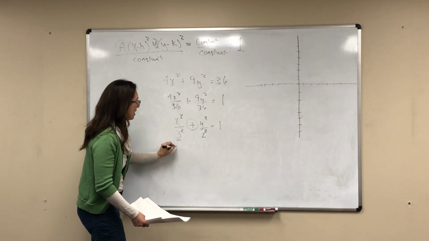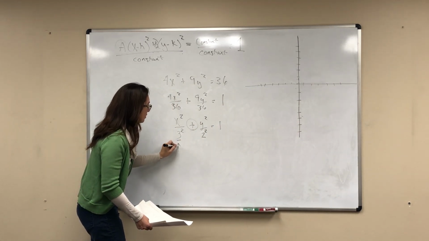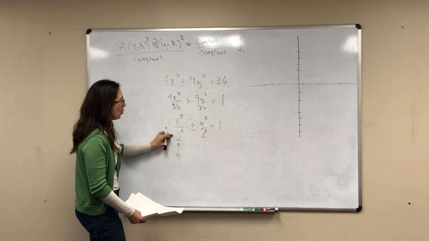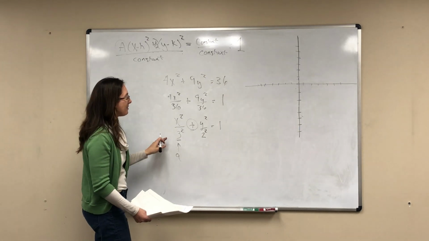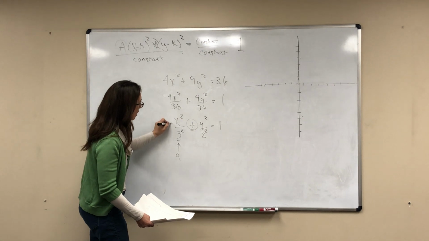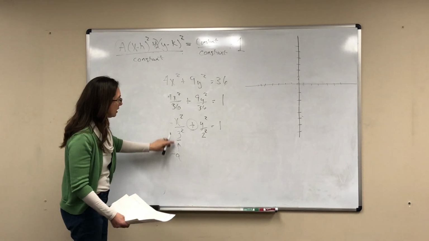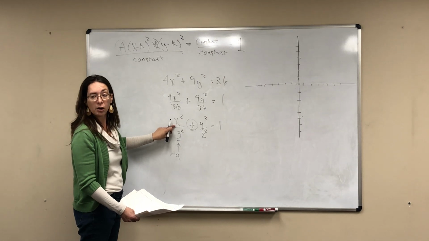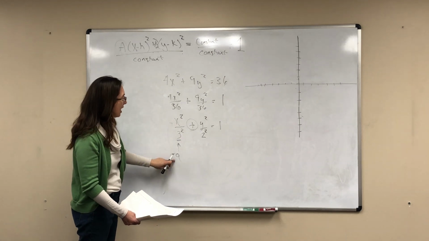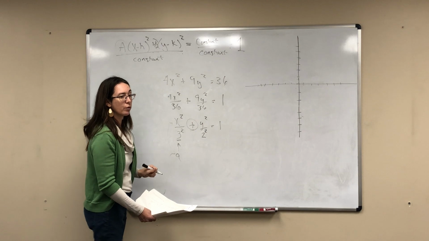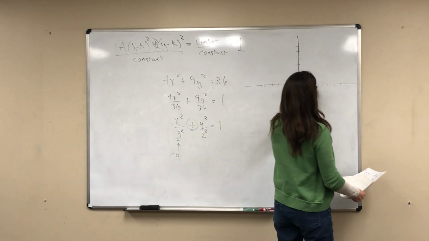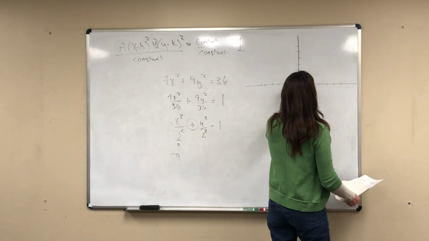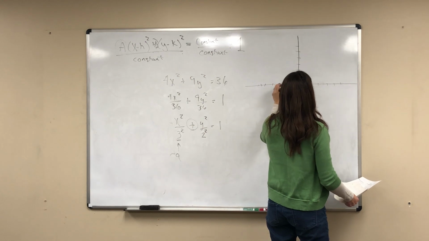Okay. Now, this 3 under here is our a. What it tells me is the value that I'm going to move along the x-axis. So you need to make sure that your numbers line up with the variables that you're using. So along the x-axis, I'm going to move 3 points. 1, 2, 3.